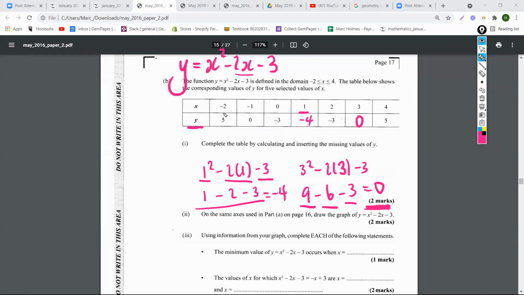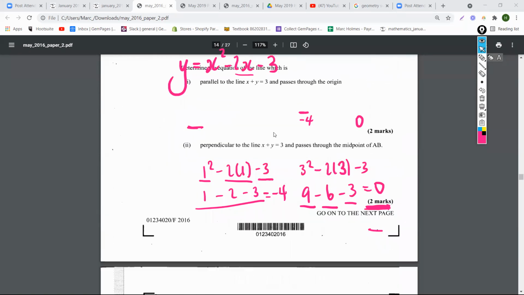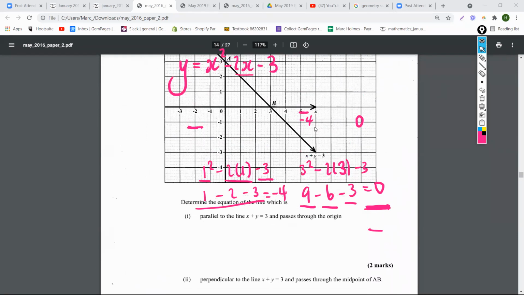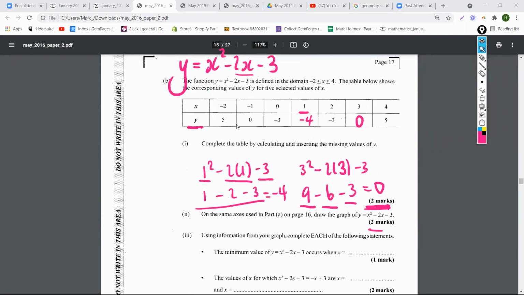Now for this part 2, you just need to plot the points. X is equal to -2 and Y is equal to 5. And you just plot the points on the graph. That's what you do next. So for all the values that you have here, plot them on the graph. These points: -2, 5; 1, 0; 0, -3; 1, -4; 2, -3; 3, 0.